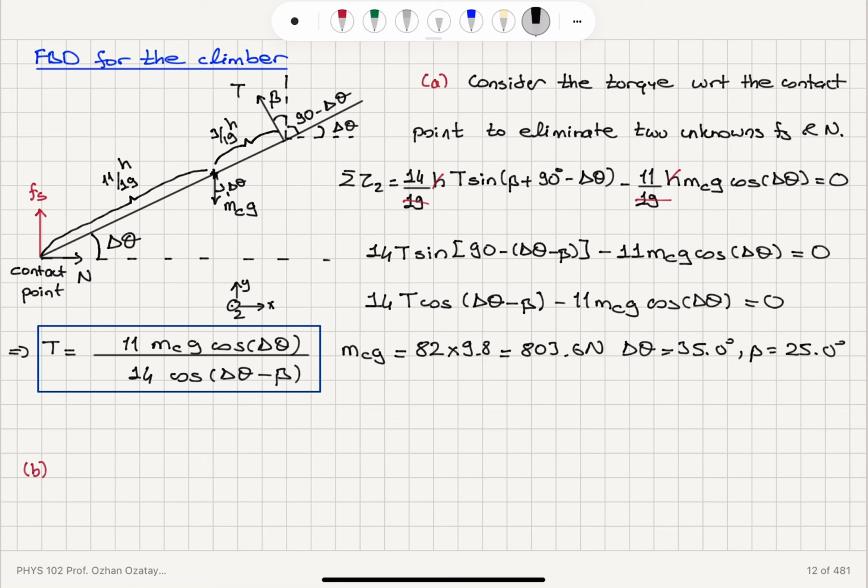So if I substitute these numbers, I obtain tension is equal to 11 times 82 times 9.8 cosine of 35 degrees divided by 14 cosine of 35 minus 25. And this gives me my final answer for the tension to be 525 newtons.